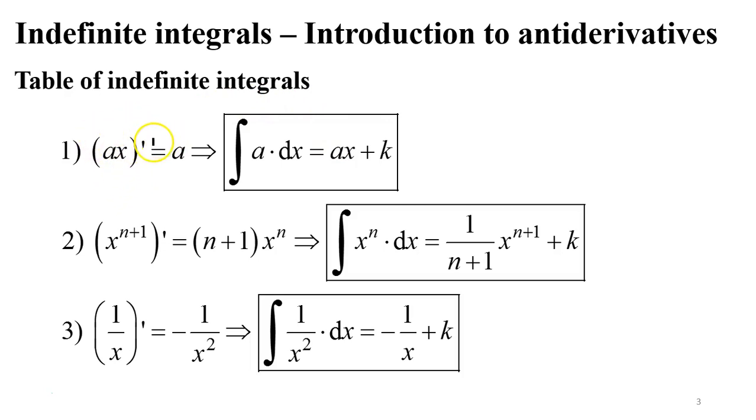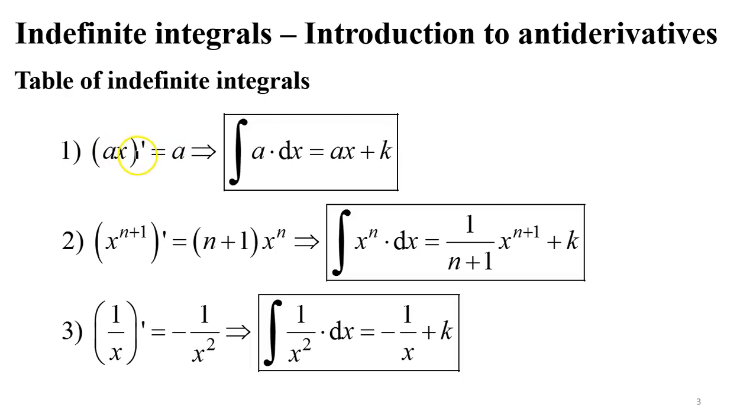Now, we already saw in the lesson on derivatives that the derivative of a linear expression, or a polynomial of degree 1, would in fact be the slope of that linear expression. So the derivative of ax is just a, the coefficient of x.